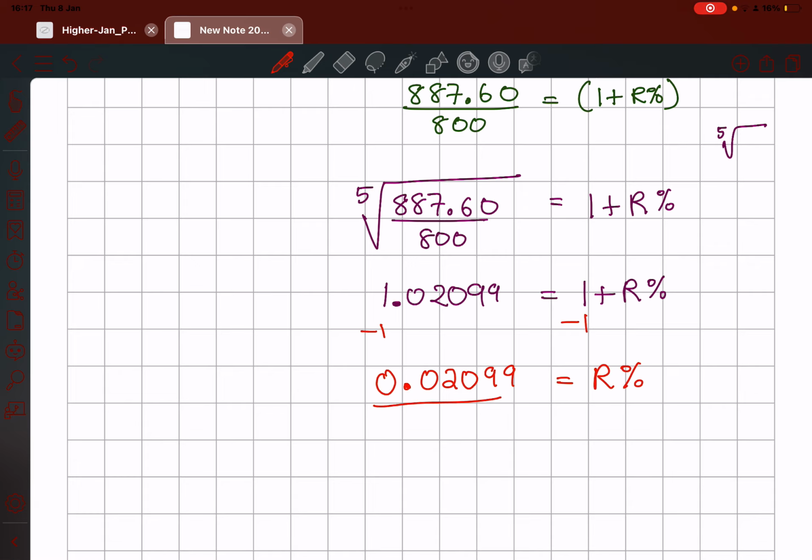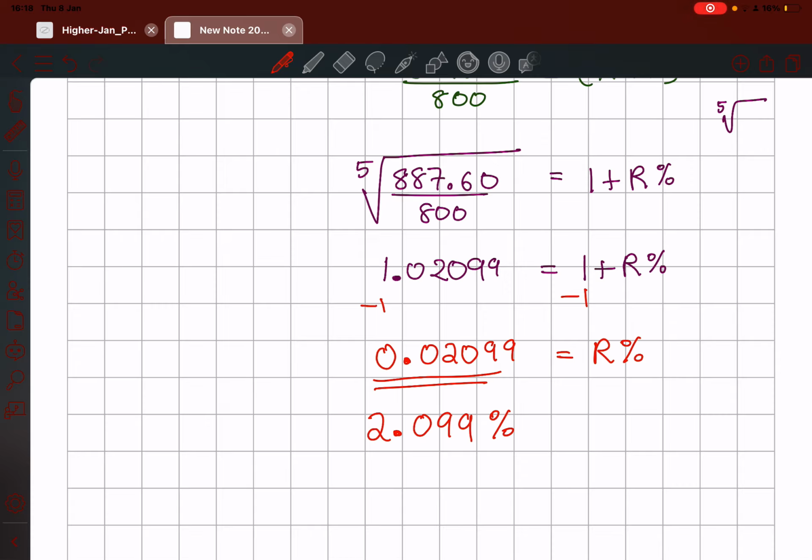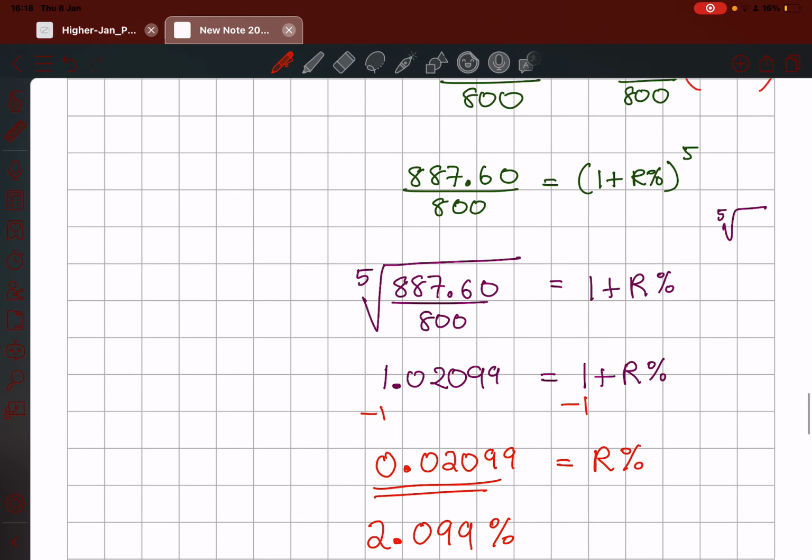So you've got the decimal here, and if you want to convert that into a percentage, you multiply that by 100, which is 2.099%, or you could say that is 2.1%. So your answer would be 2.1%.